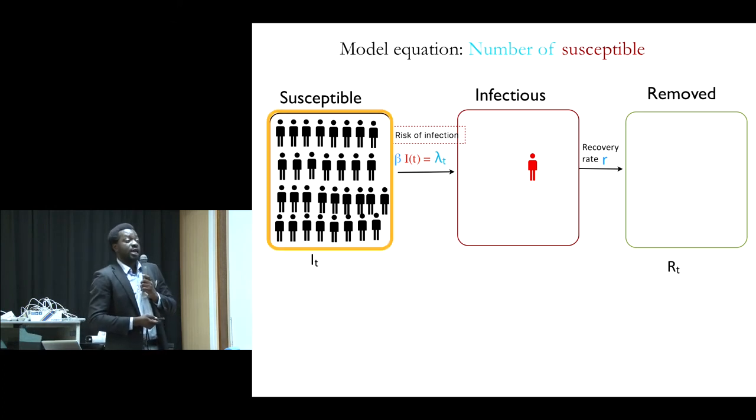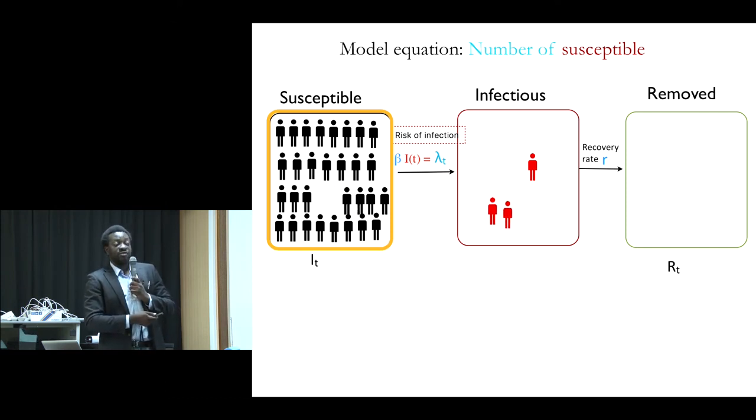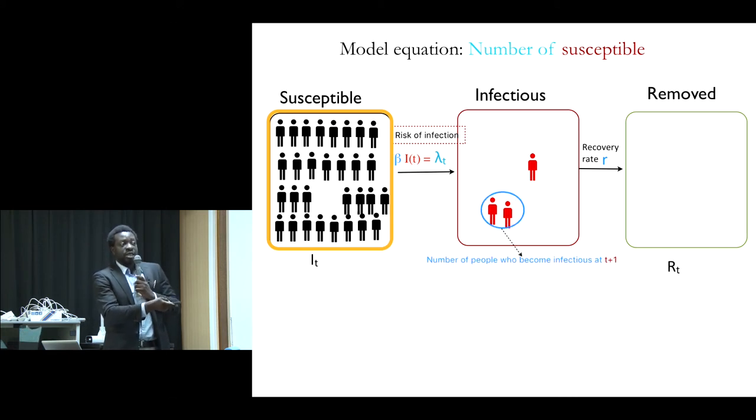So let's see it now. Here we have 2 people who became infectious. They have to leave the box. So the 2 here is the number of those who become infectious at time plus 1. So 2 has gone. And the formula to calculate how many people become infectious is this one here, lambda t.